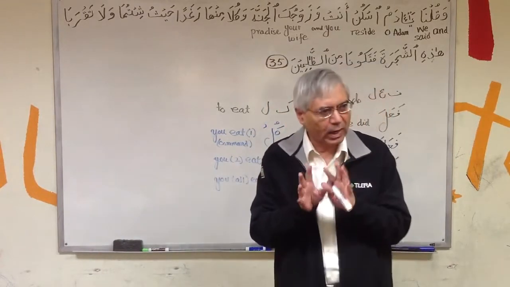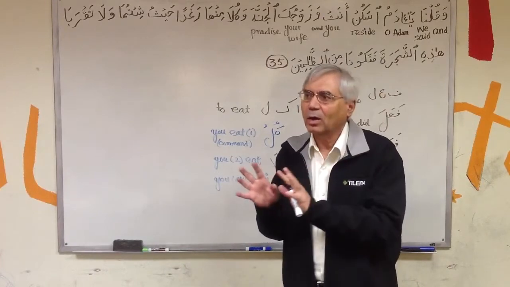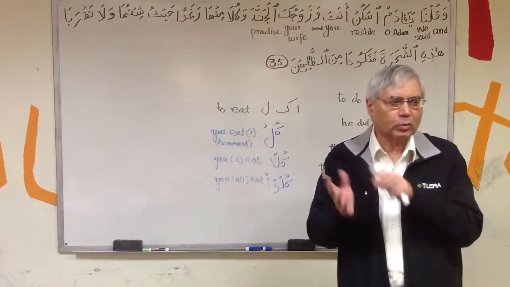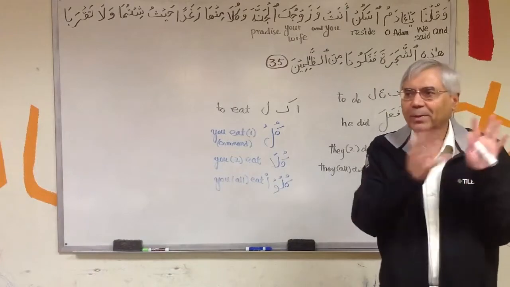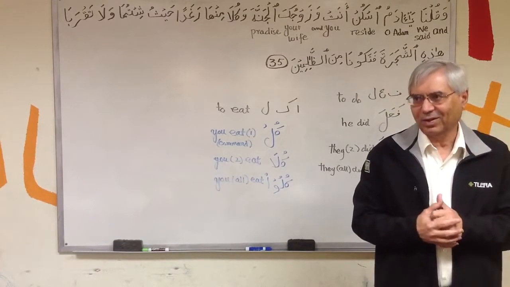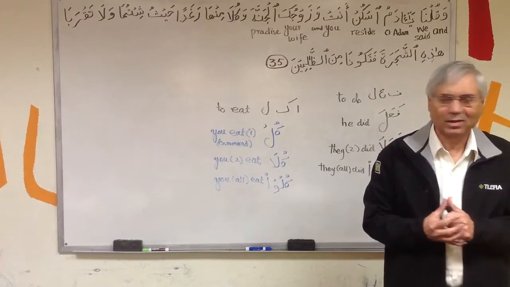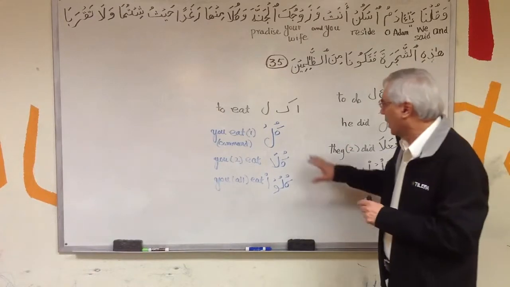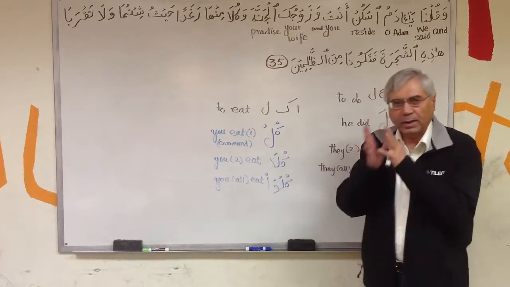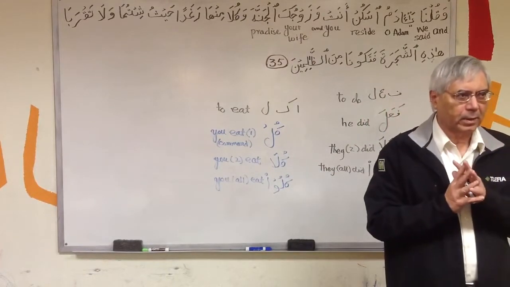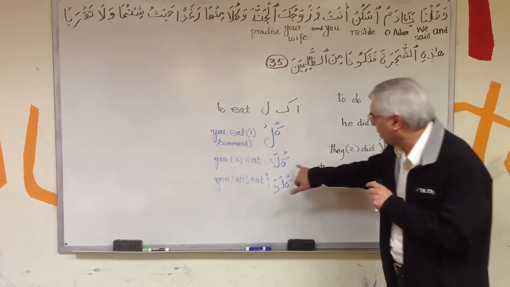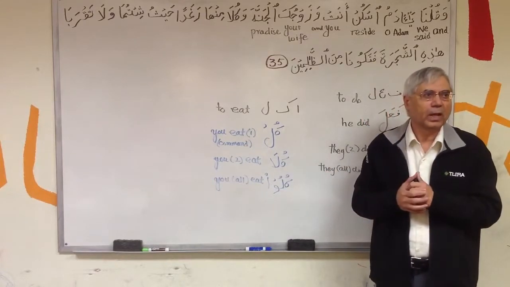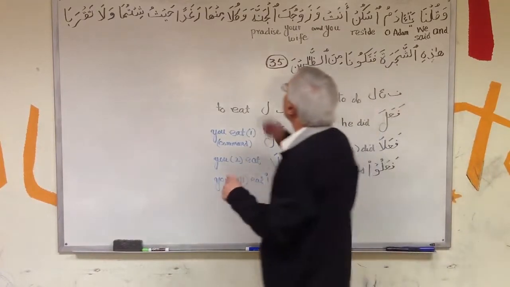This word is used for either both men or 1 man and 1 woman, because when you go back to feminine grammar, that becomes very different. Okay? And whenever those words come, we'll talk about those. Okay? So here, it's 1 man and 1 woman. This is the grammar for that also. And you both eat. Okay?